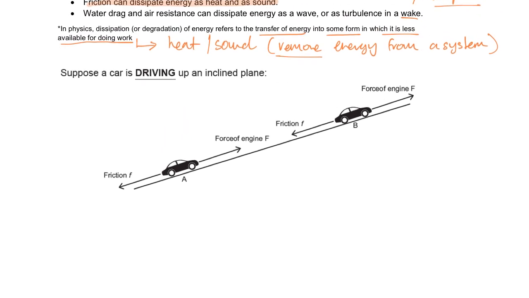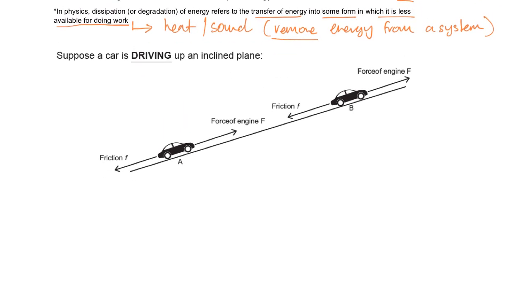Suppose a car, I just want to write those notes down. It says, suppose a car is driving up an inclined plane. Now what we mean by driving, using the word driving, means I've got an applied force, which is an external force.